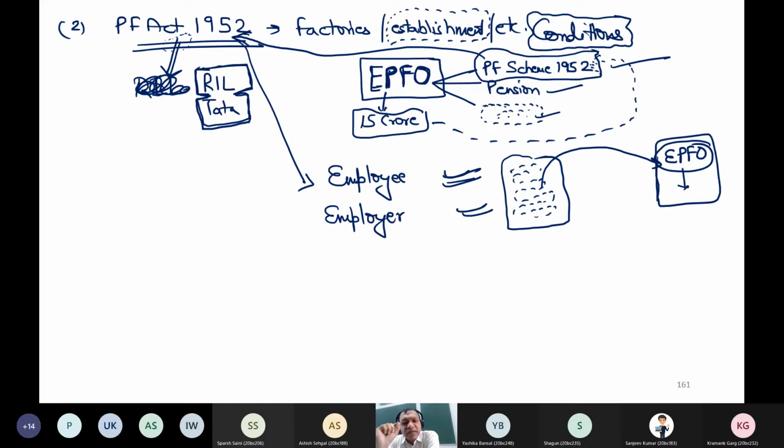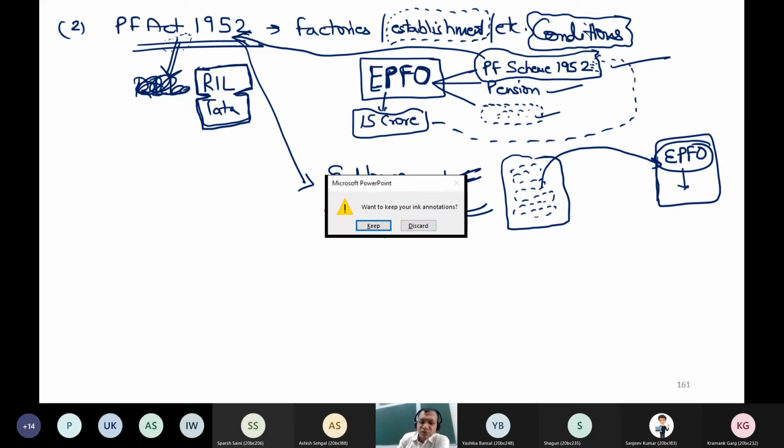The Provident Fund is managed by an organization, Employees Provident Fund Organization, having crores of employees as part of it. The Provident Fund managed by EPFO is as per the Provident Fund Act 1952 and not as per the PF Act 1925. That's it. Please raise your hand if you have understood this simple line.